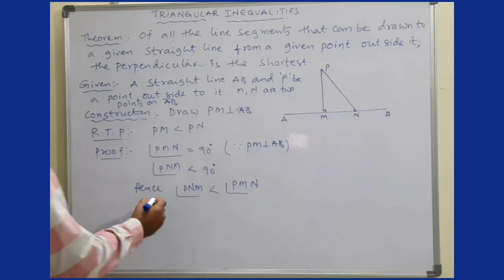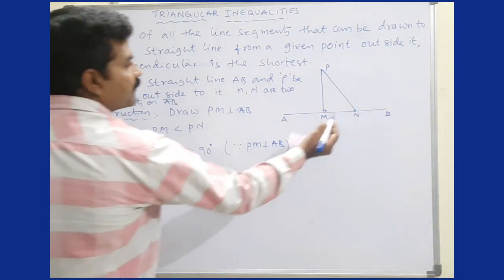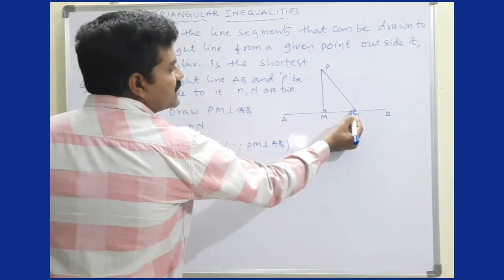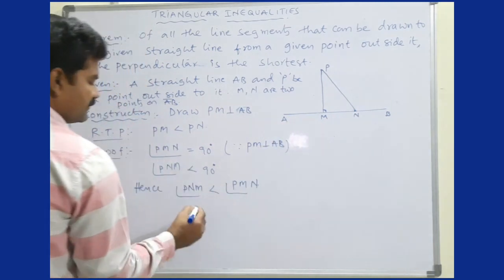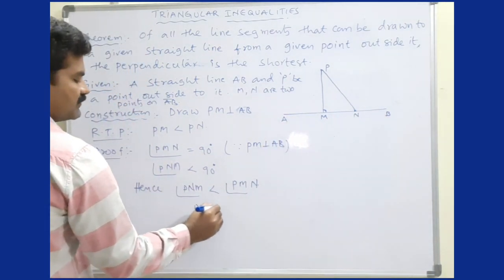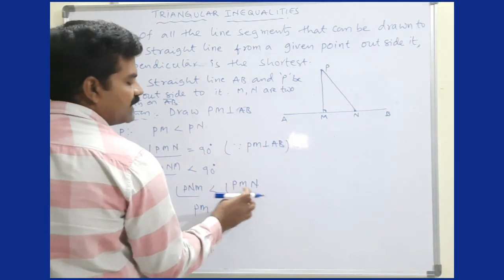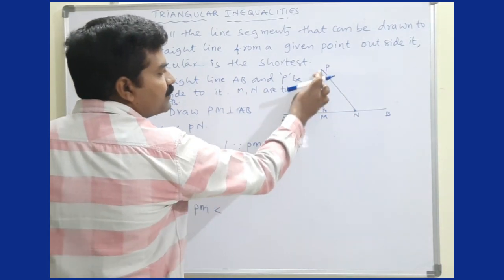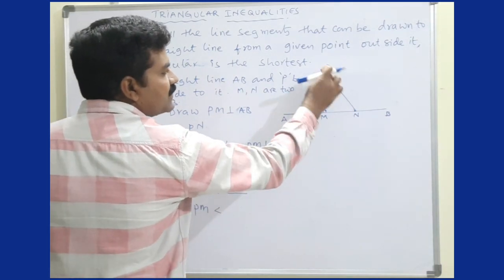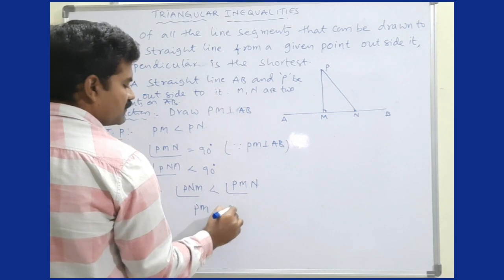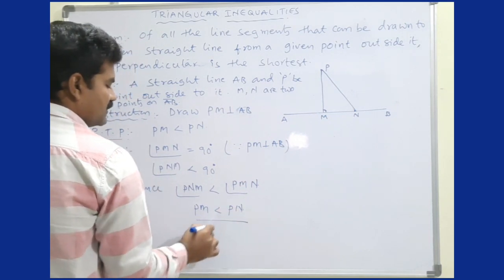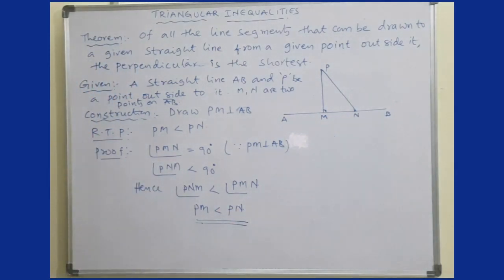So according to that, see, PNM is the angle, and its opposite side is PM. Angle PMN, its opposite side will be PN, no? So this is what we need to prove, that PM is less than PN.